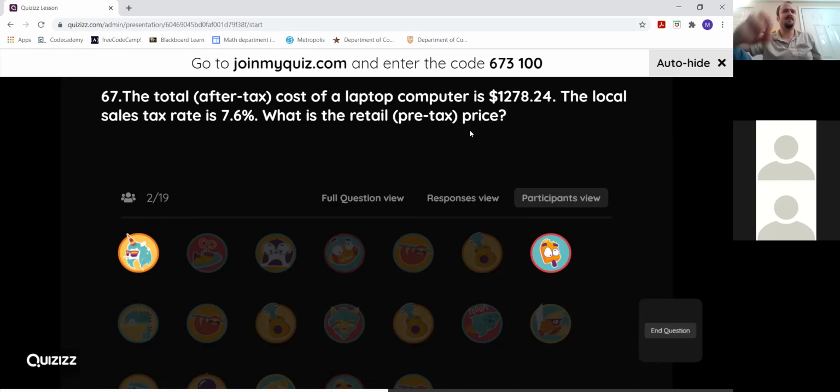What is tax? 8.25% or something, I think. So usually you do 1.0825. I guess it's here at 7.6. 1.076, I believe, is what it is, right? 1.076 times this thing would get you to here.